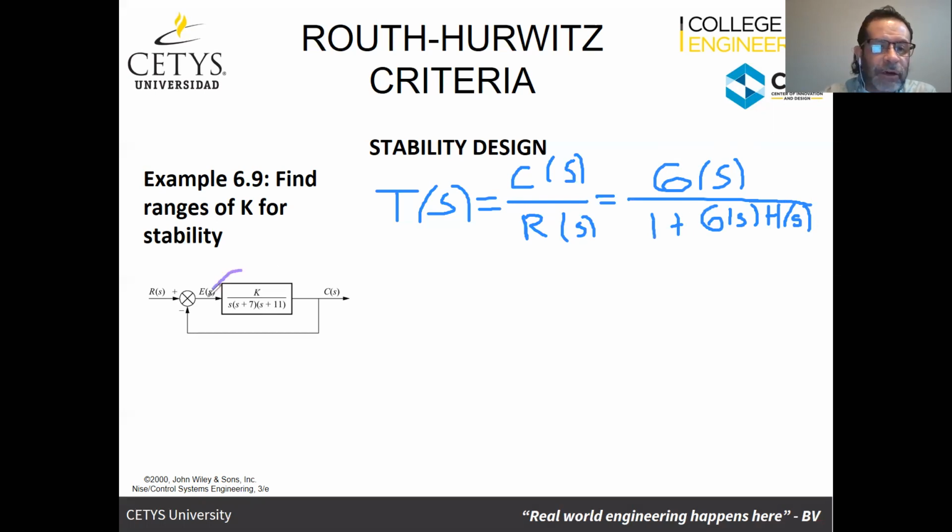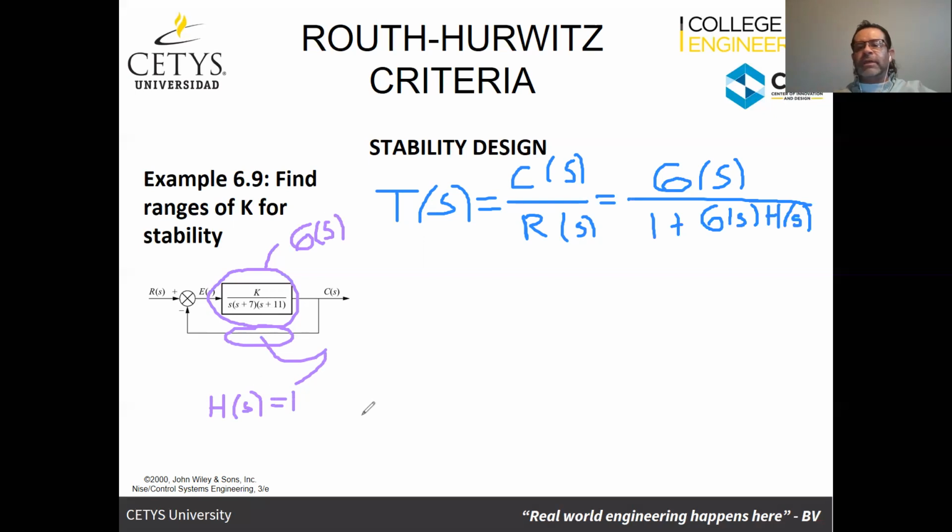And so we know that this right here is G of S. And what's the value of H of S, which is this one here? If we don't have a box there and we just have a line, it's what's called unity feedback. So H of S in this case is going to be equal to 1. It means that in the feedback, which is the measurement, I don't need to do any sort of processing.